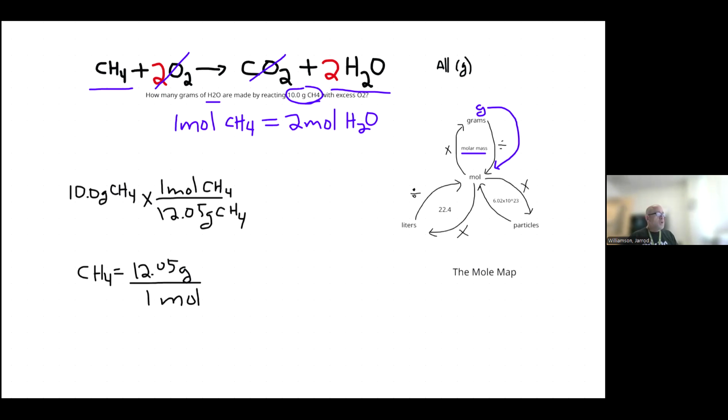So I take this stuff right here and make a fraction out of it: 1 mole of methane over 2 moles water.